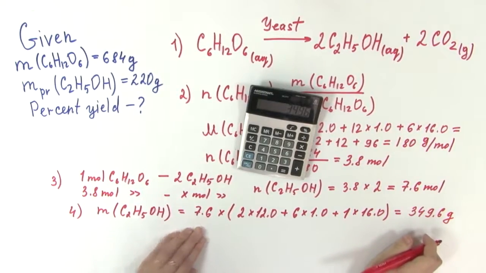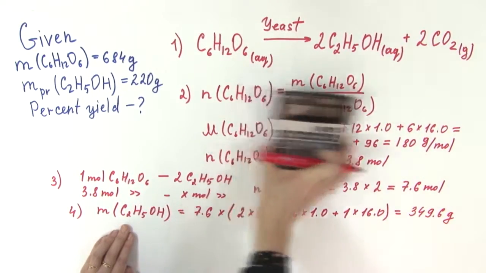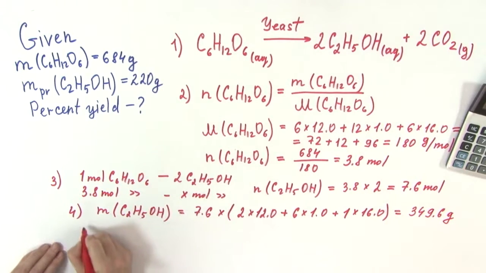The overall mass of ethanol is 350 grams.